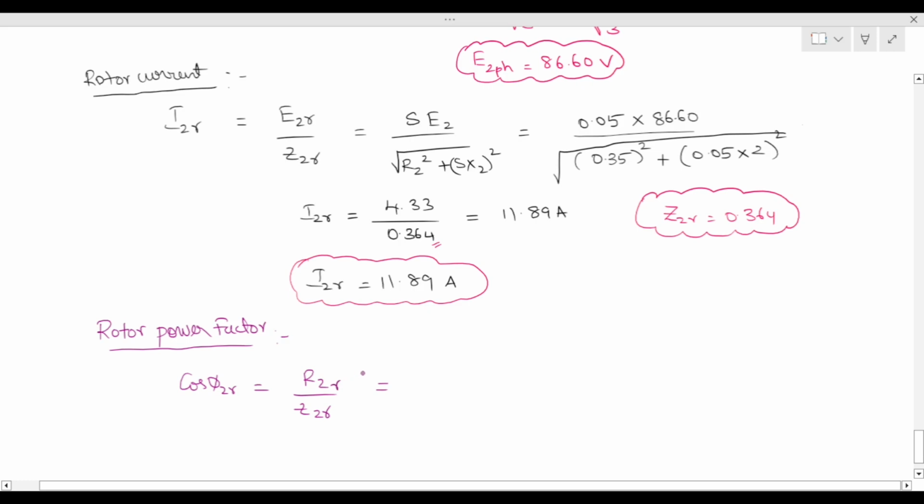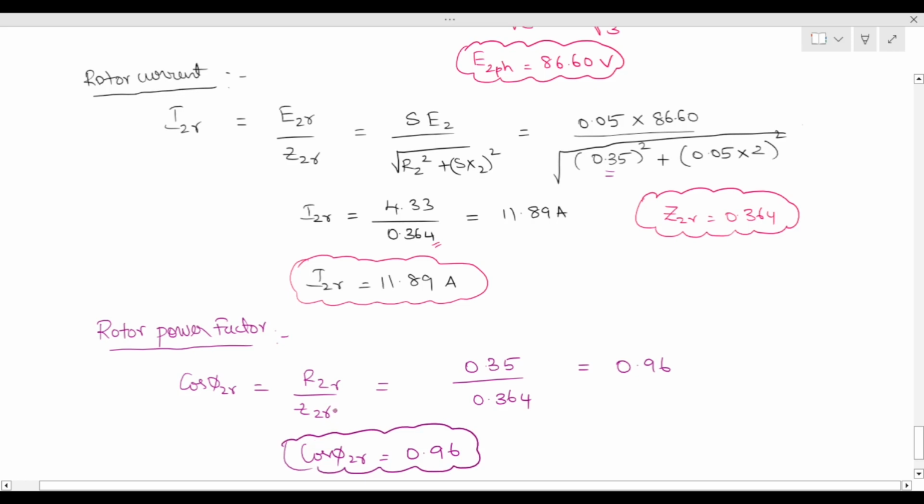We already know the resistance value is 0.35, and Z2R is 0.364. Dividing these two values, from the calculator we get approximately 0.96. So cos phi 2R will be 0.96. This is the procedure to find the power factor and rotor current.